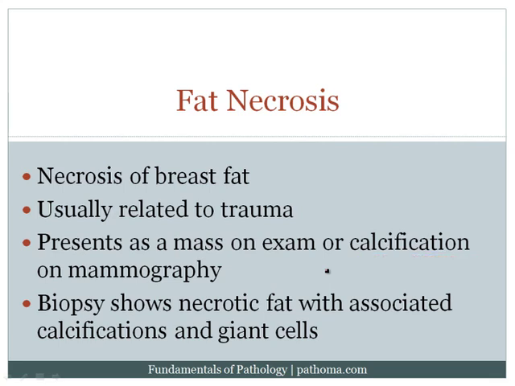And if a biopsy were to be performed, we would see necrotic fat with associated calcifications because of the quote-unquote saponification, and then the presence of giant cells as well. And that's the classic finding in fat necrosis. Now, I'll just remind you, especially on examinations, they don't usually tell you that there's a history of trauma. In fact, even clinically, most women will not come and say, oh yeah, I had this trauma. They don't recognize that they had trauma.